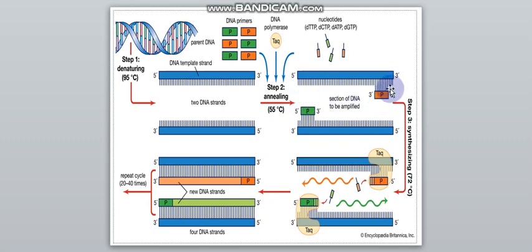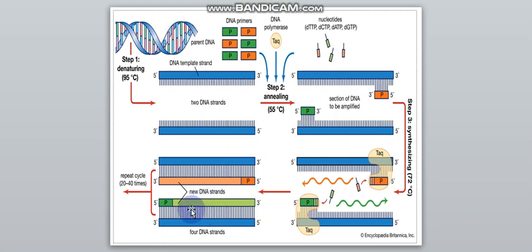Here is the primer, and this primer is at the 3' end of the DNA. In step 3, which occurs at 72 degrees centigrade, the whole process occurs in the 5' to 3' direction, and 4 DNA strands are formed from the 2 strands.